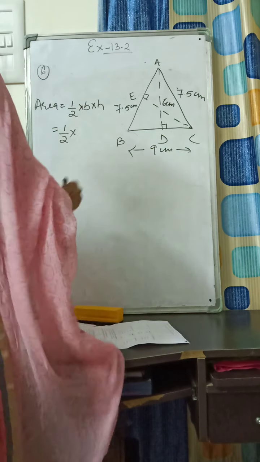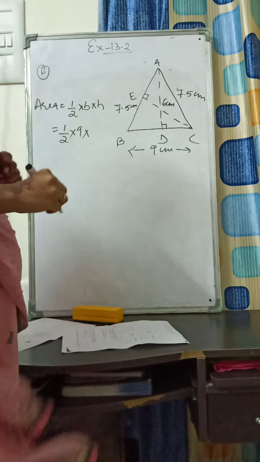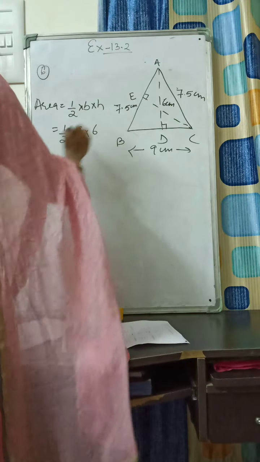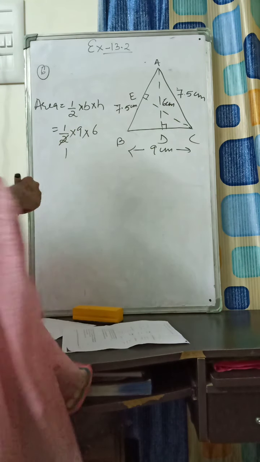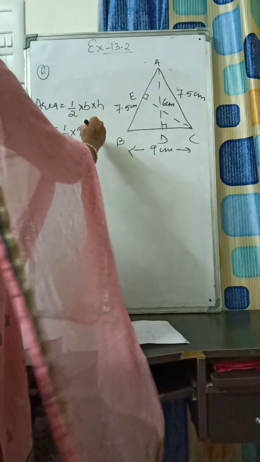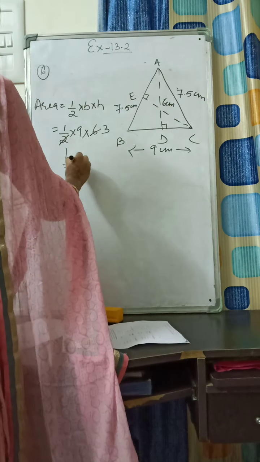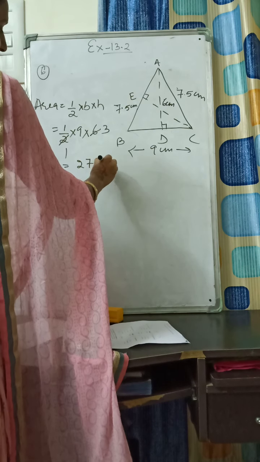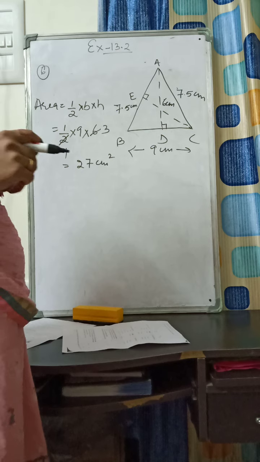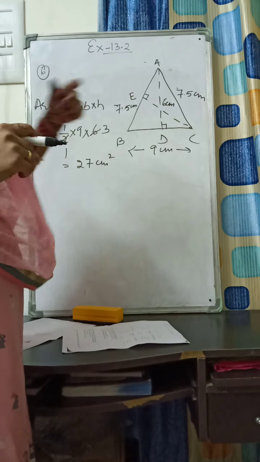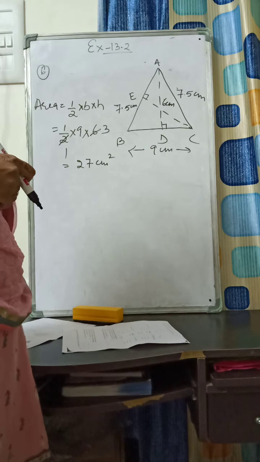Half of base, that is 9, into the height, that is 6. So by cancelling by 2, 2 3s are 6 and 9 3s are 27 centimeter square. So the area of the triangle is 27 centimeter square.